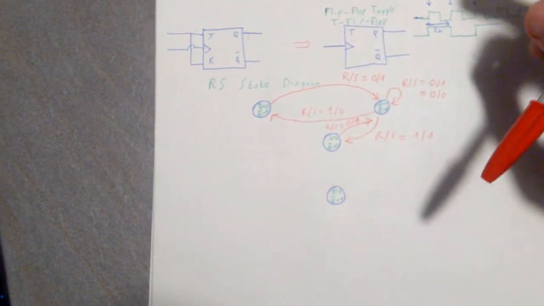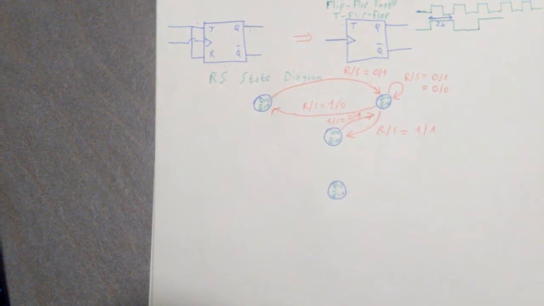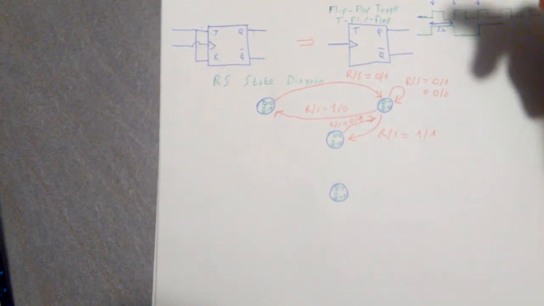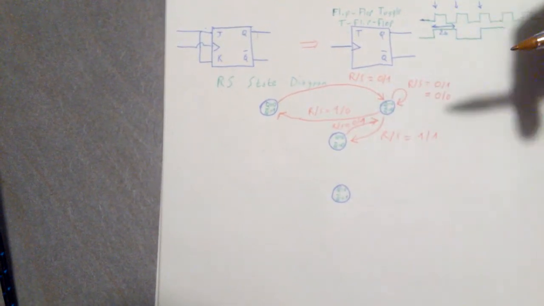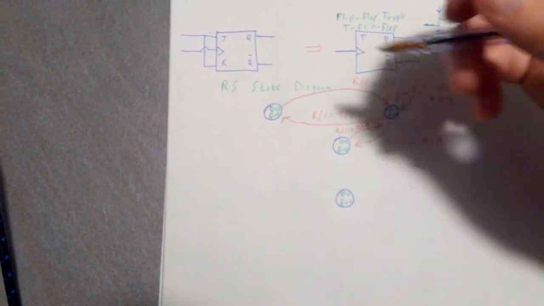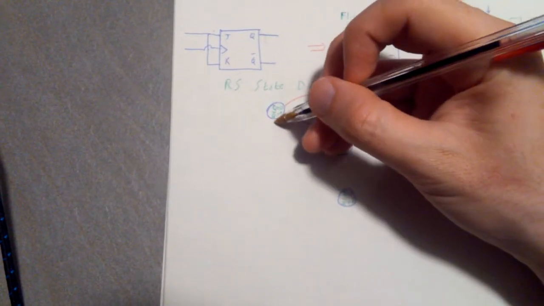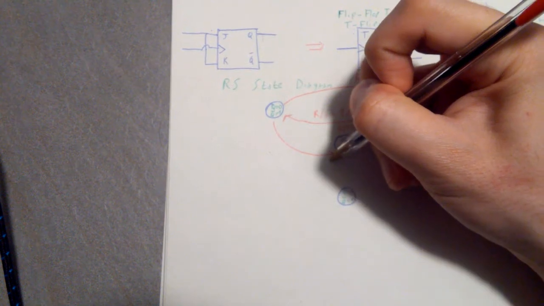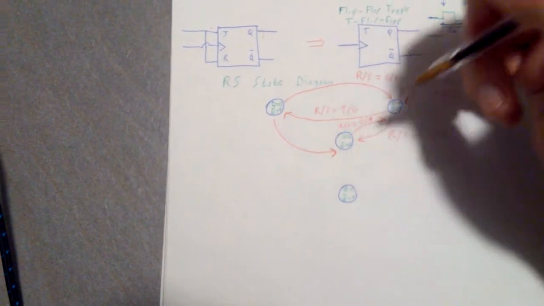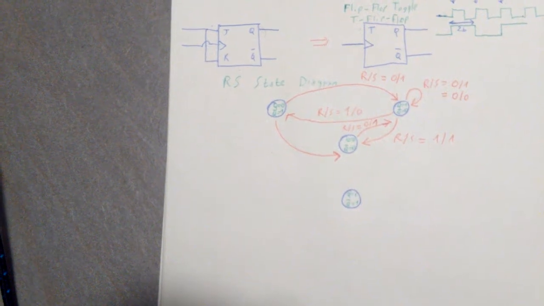Typically when we draw this state diagram, we may only show the input without stating R and S, but it's pretty much the same. This is the very first time I just want to draw them, basically putting everything in there.